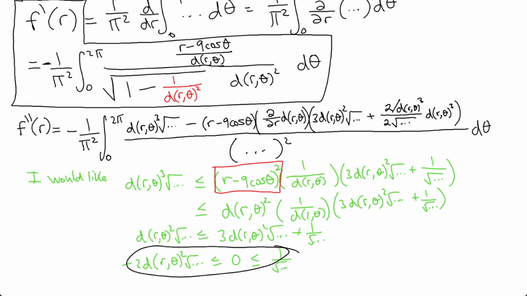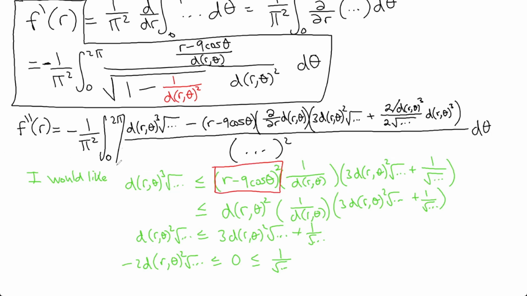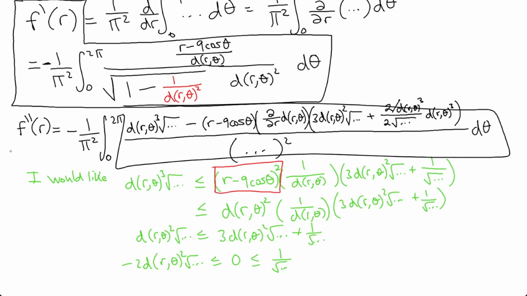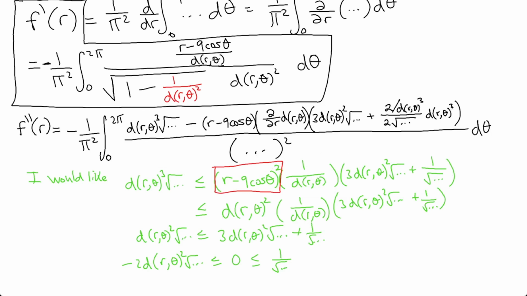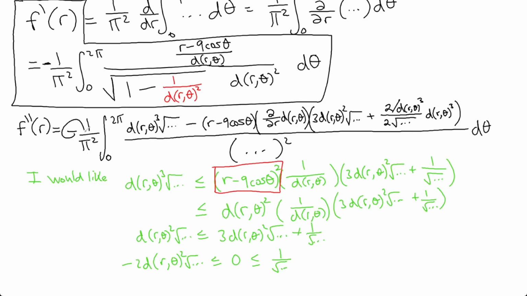I know that this is true. And so working our way backwards, I know then that the integrand is non-positive, less than or equal to 0. So the integral is non-positive, and when I multiply by this negative constant, it becomes non-negative. And so I can say that f double prime of r is non-negative for all values of r.